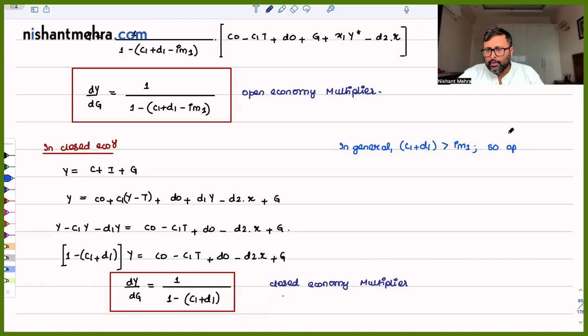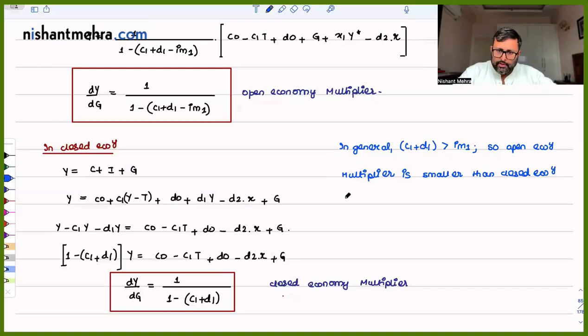Dy by dg in the open economy is smaller than the closed economy multiplier. Right? And this is, in general, also true.